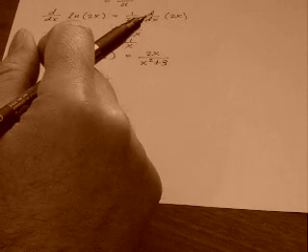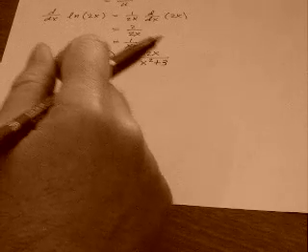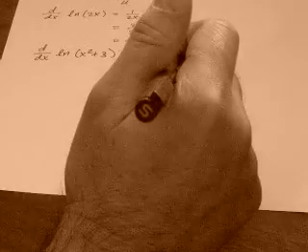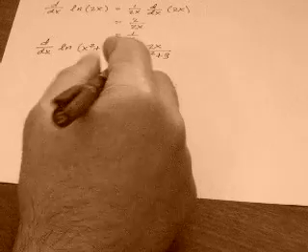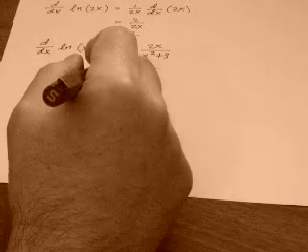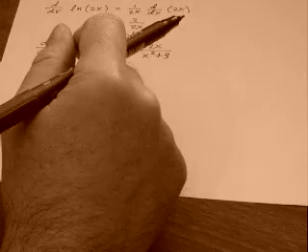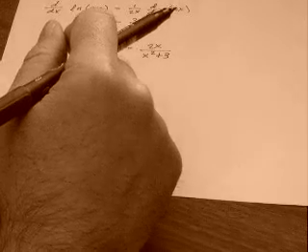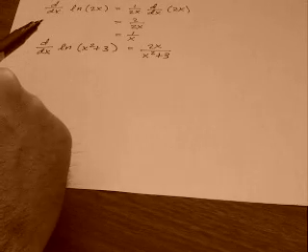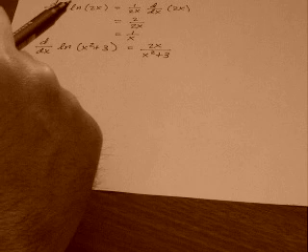Alright. Now, let's go back to the calculus. The derivative of ln x is 1 over x, and that's positive for x greater than 0, which means that ln of x is an increasing function.